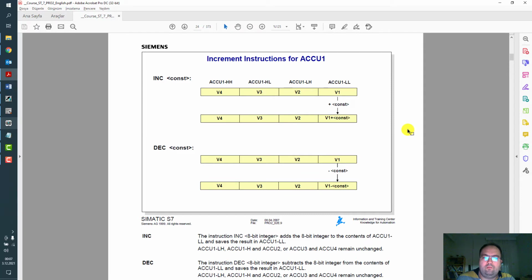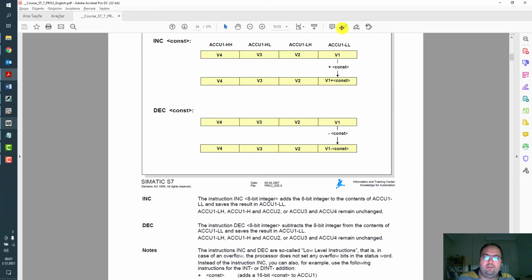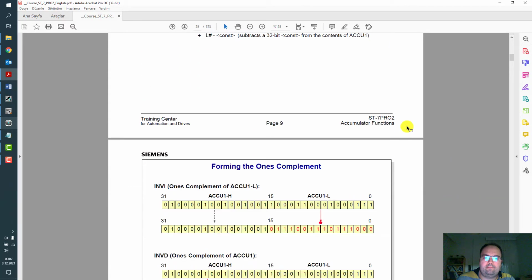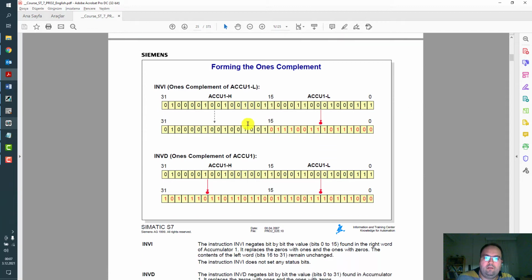And next, increment instruction for accumulator 1, increment and decrement. And sometimes you need the ones complement, that means invert, as integer or invert as double integer.